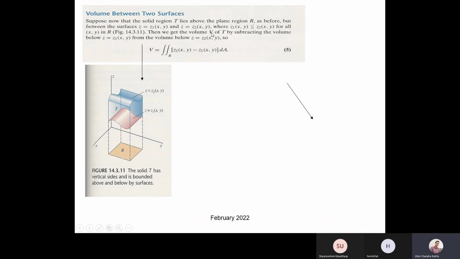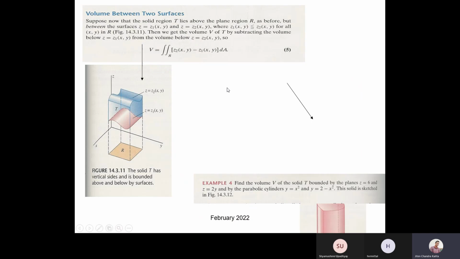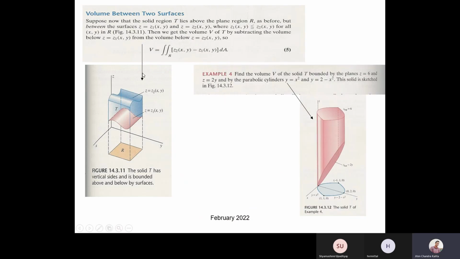We get the volume V of this region T simply by subtracting the volume below z equal to z1(x,y) from the volume below z equal to z2(x,y). So that is why the volume simply becomes this.